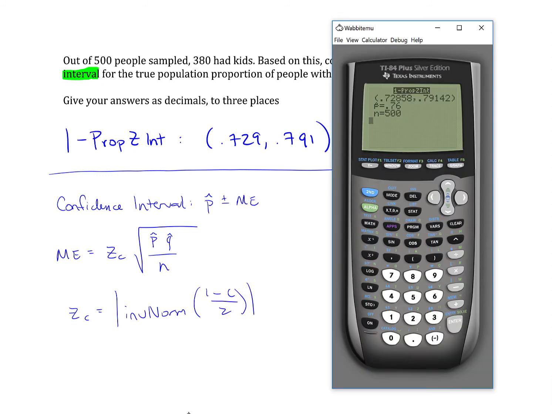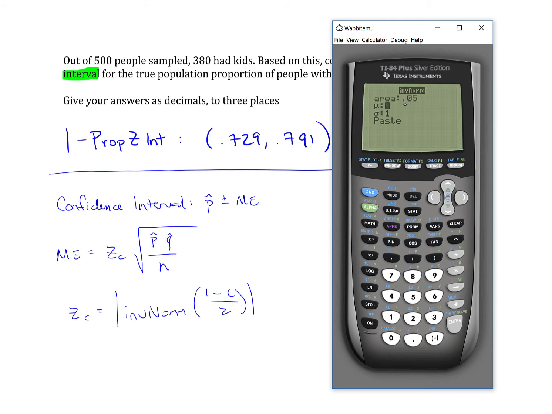Let's start there. Our level of confidence in this case is 90%, so 1 minus 0.9, so that's 1 minus c, and then we divide that by 2. So that's 0.05. Now I need to take the inverse norm of that. So second, vars, come down to inverse norm of 0.05.